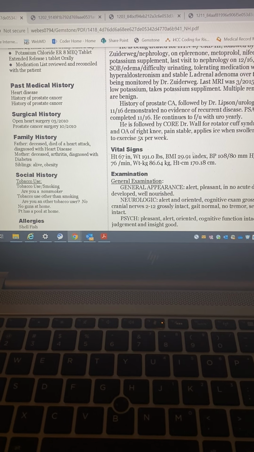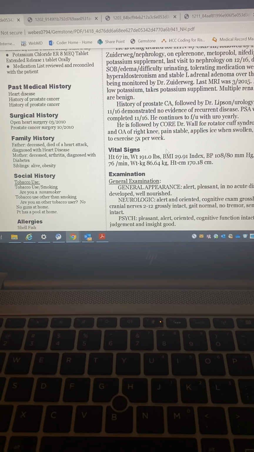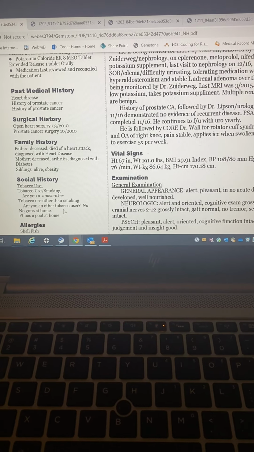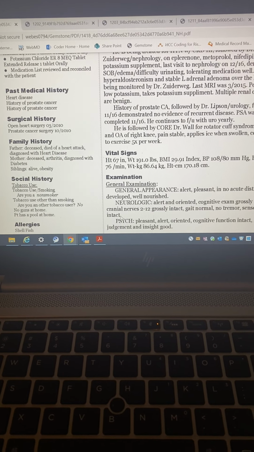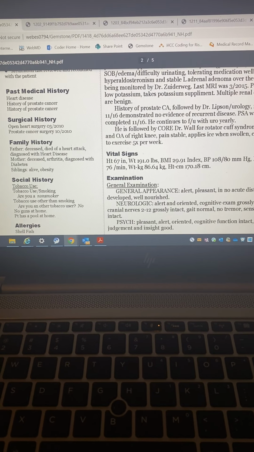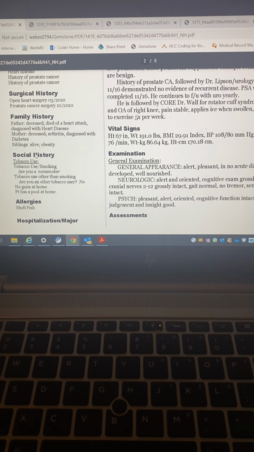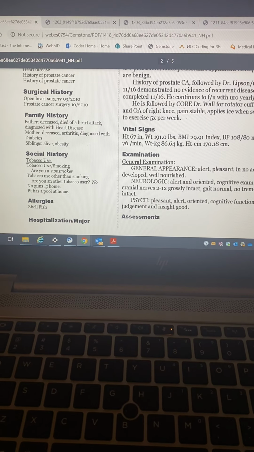Then we're going to have the vital signs over here. Then we're going to have the social history. The social history asks things like, are you married? Are you divorced? How many children do you have? Do you smoke? Do you abuse or use drugs?